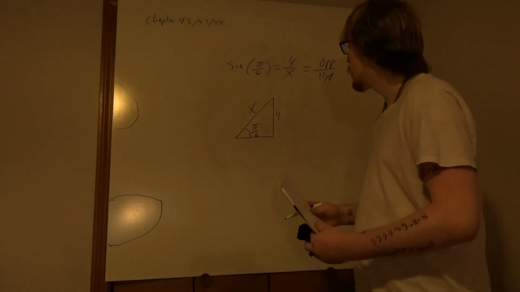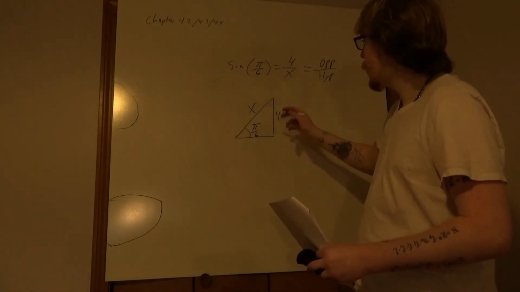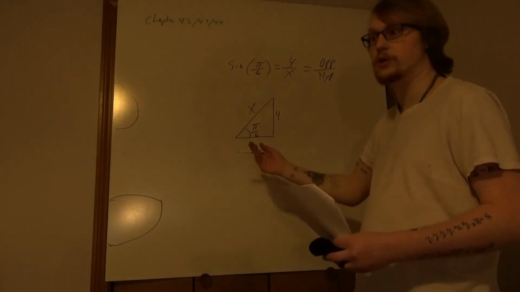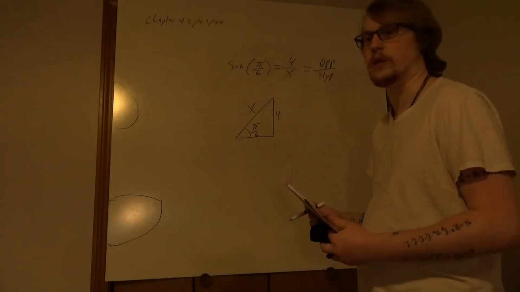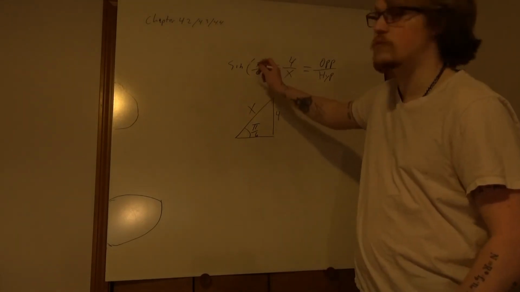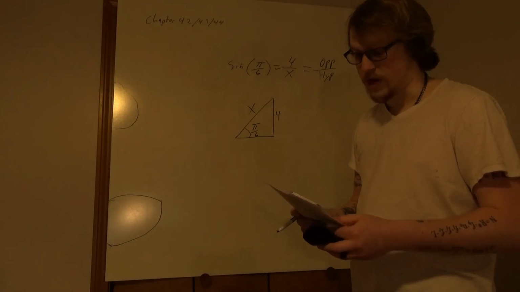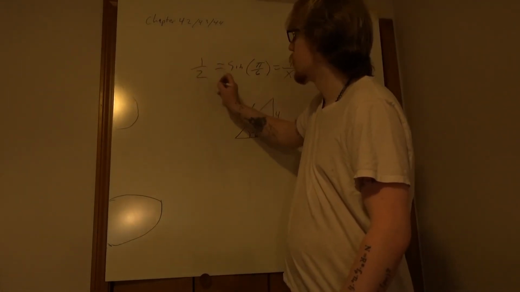Now we can look at this and ask, what does x have to be? Well, we could try to figure things out using Pythagoras, but we actually already know what the sine of pi over 6 is. Using the unit circle, the sine of pi over 6 is exactly 1/2.